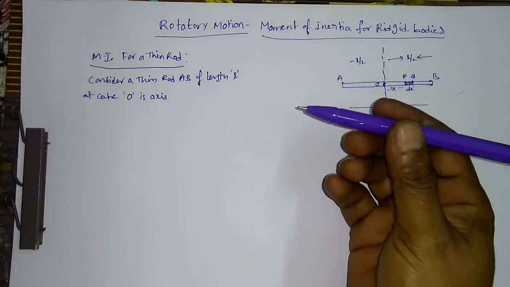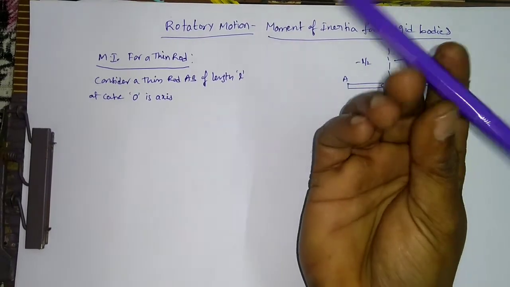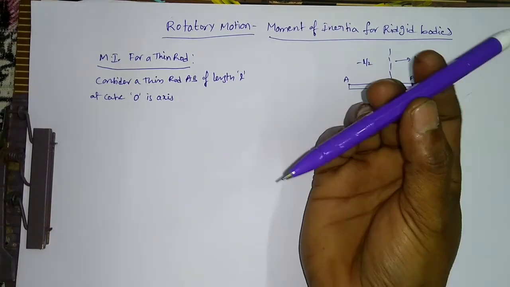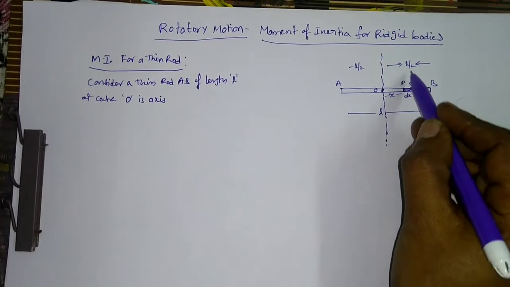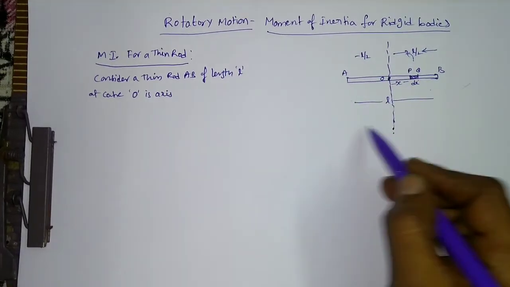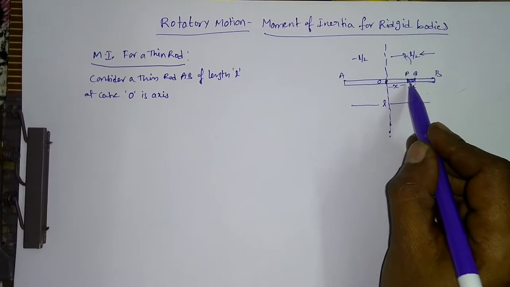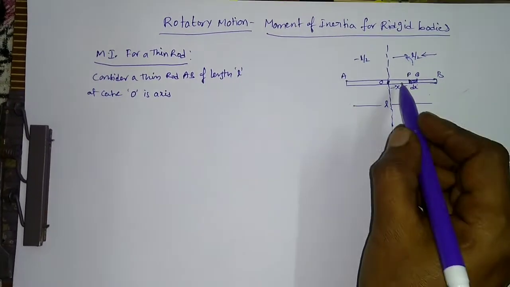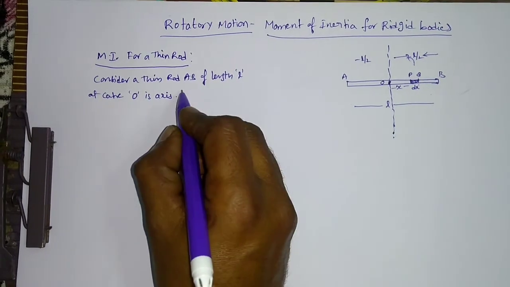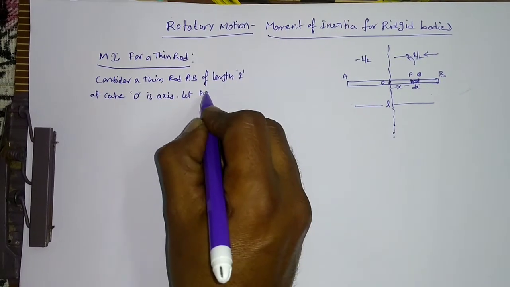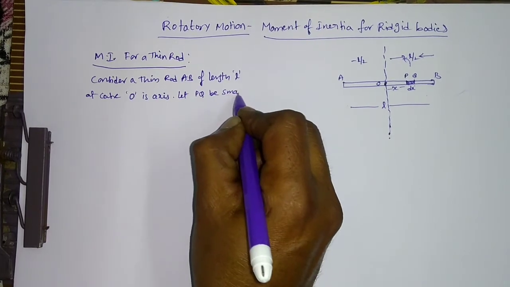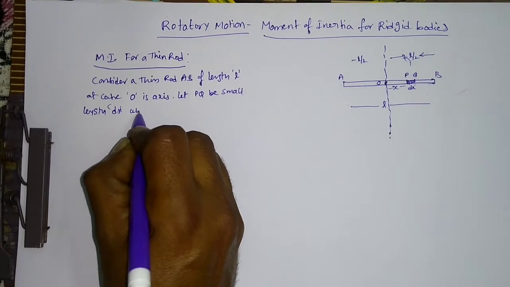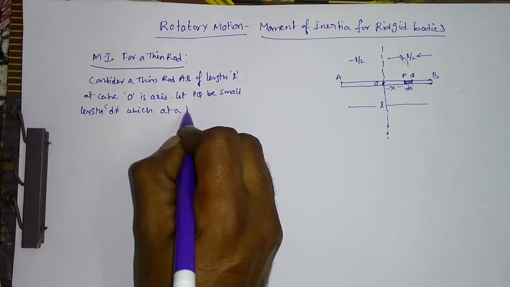When the rod rotates about the center, all its particles also move, so the small element PQ also rotates in a circular manner, at a distance x from the axis, and its length is dx. Let PQ be a small length dx.